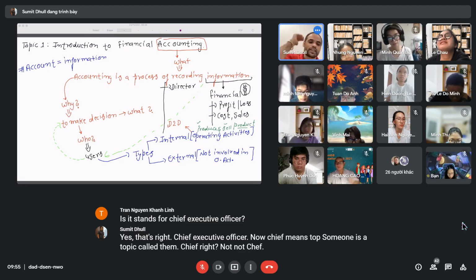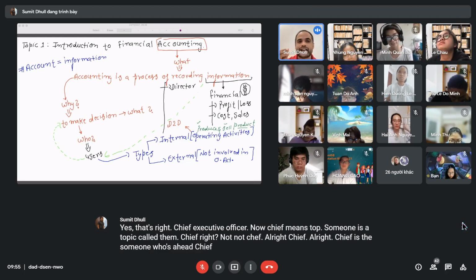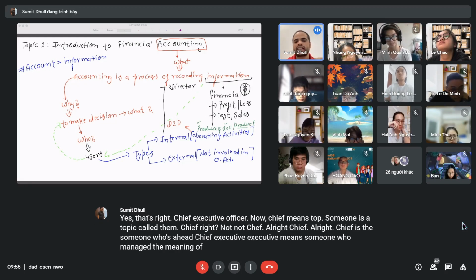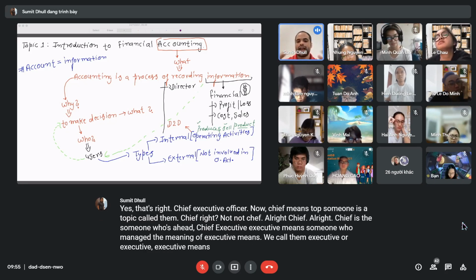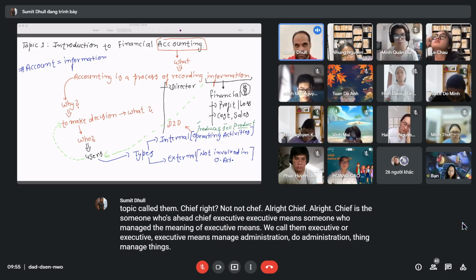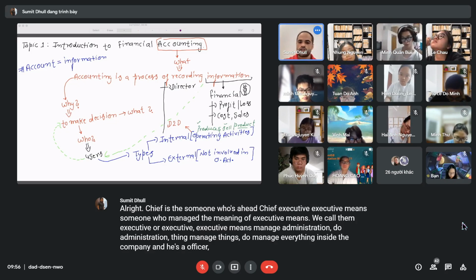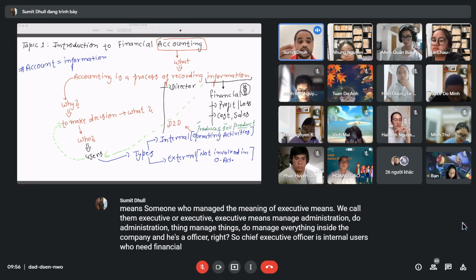Chief is someone who is a head. Chief Executive. Executive means someone who manages. Executive means manage, do administration, manage everything inside the company, and he's an officer, right? So Chief Executive Officer is an internal user who needs financial information for decision making, right?